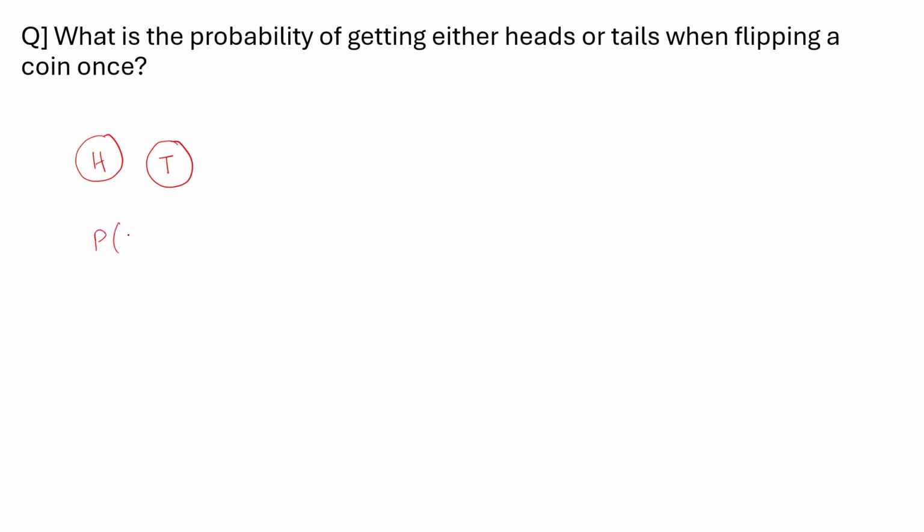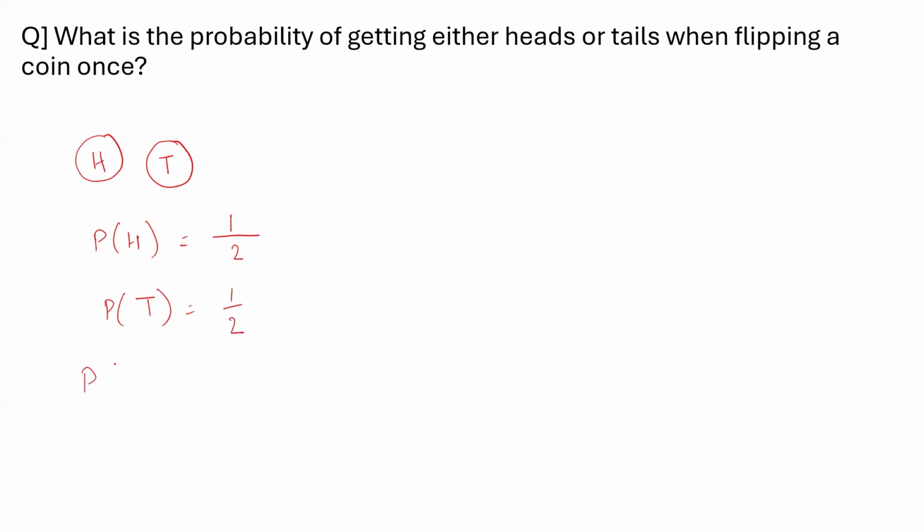Compute the probability of getting a head. If you flip one coin once, how many heads can you expect? Just one. And how many total outcomes? It is 2. Probability of getting a head is 1 by 2. Similarly, probability of getting a tail is again 1 by 2.